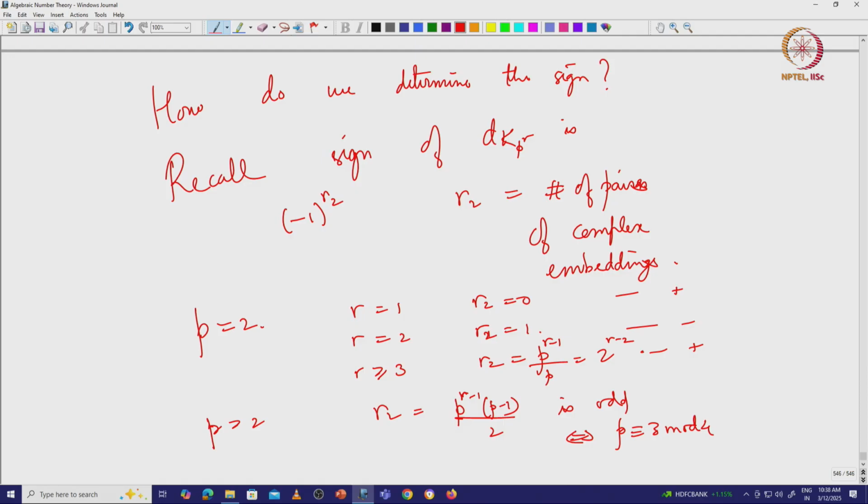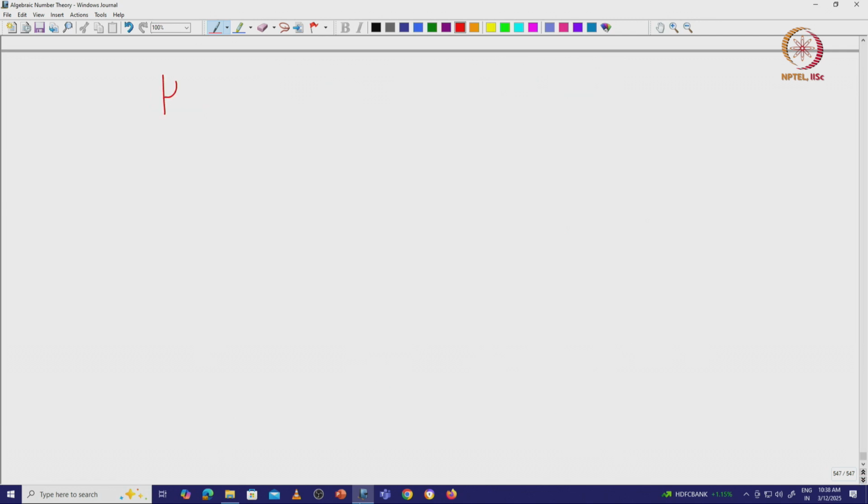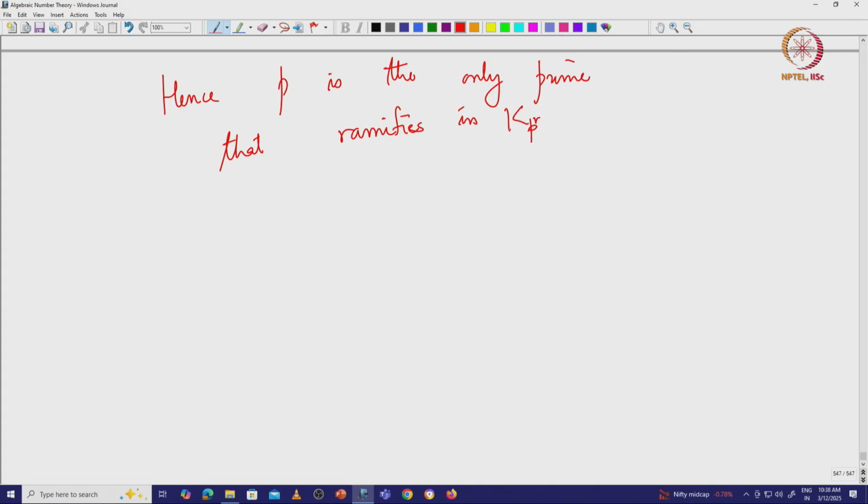All right. So, hence p is the only prime that ramifies in Q(zeta_{p^r}), and it totally ramifies as we saw earlier. Okay.